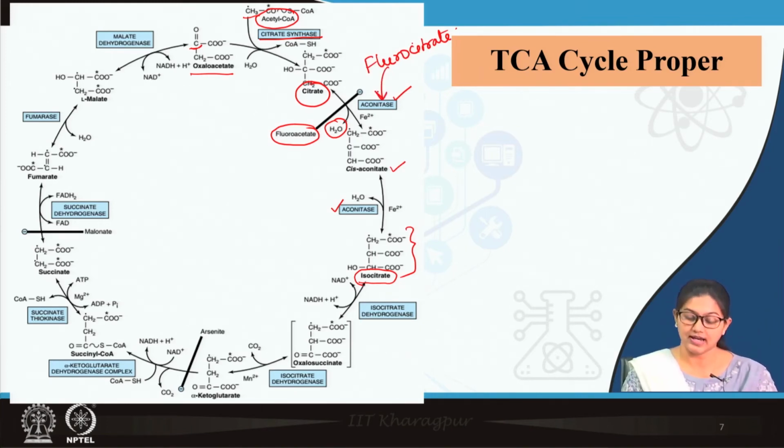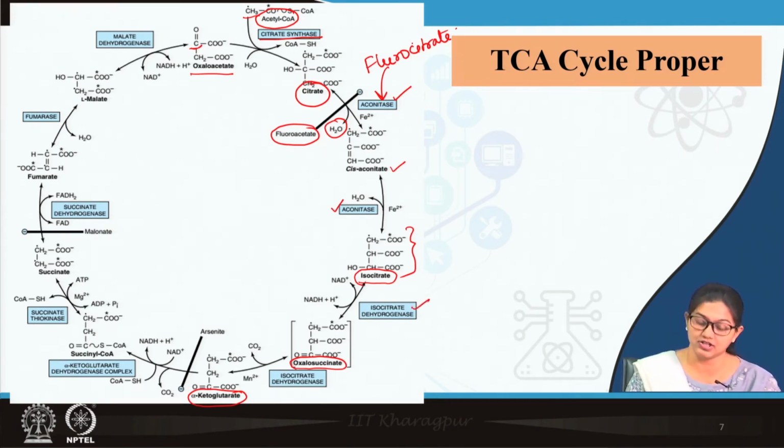Next, isocitrate undergoes oxidative decarboxylation to form alpha ketoglutarate. Again, this is a 2-step reaction. In this process, the first product is oxalosuccinate. From isocitrate, oxalosuccinate is formed by dehydrogenation with the help of the enzyme isocitrate dehydrogenase.